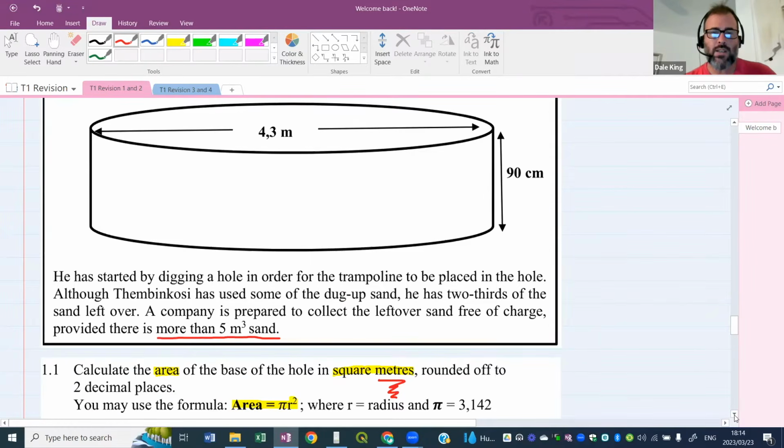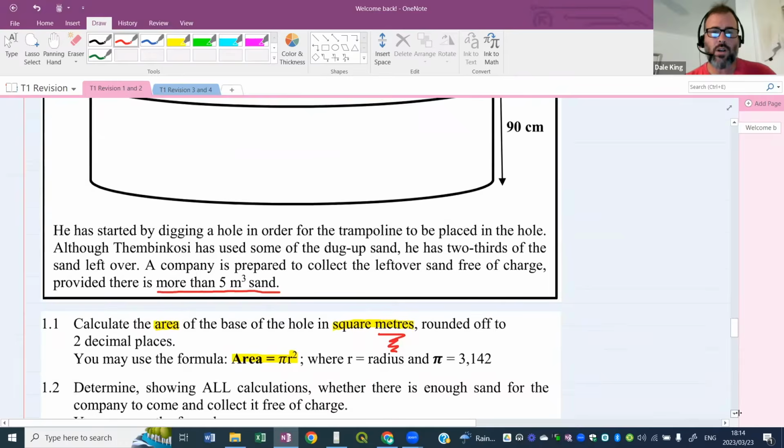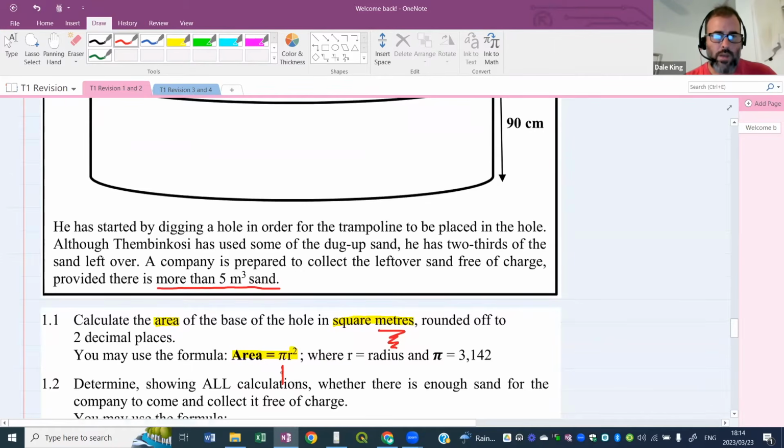We can take just that one dimension and go, because the 2 parts that we have here are pi, which they give us, and the radius, which we can get from the diameter. So we can go straight into this formula. I'll do it on the side: A for area, A equals pi times r squared.